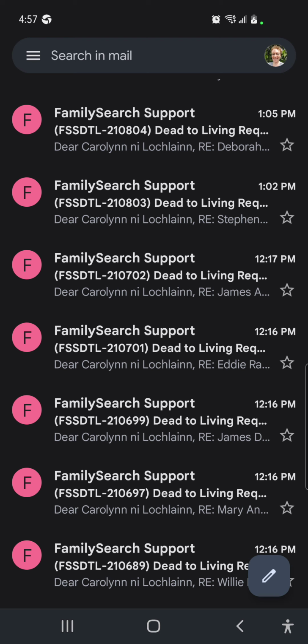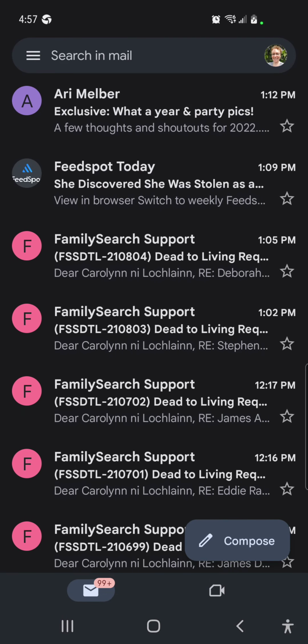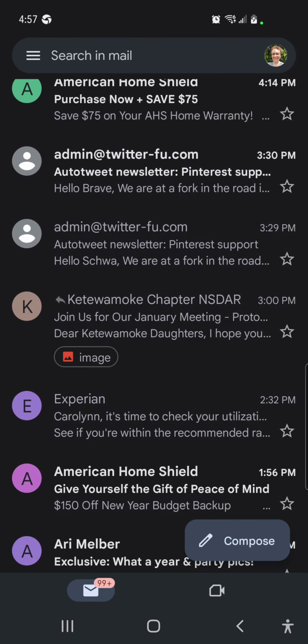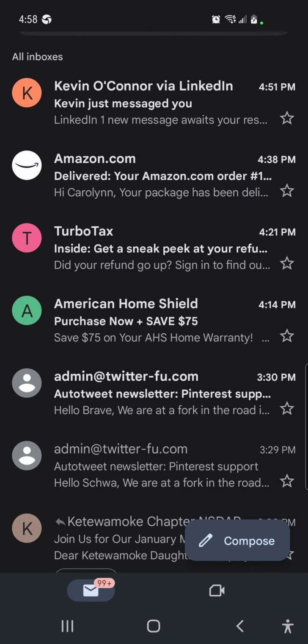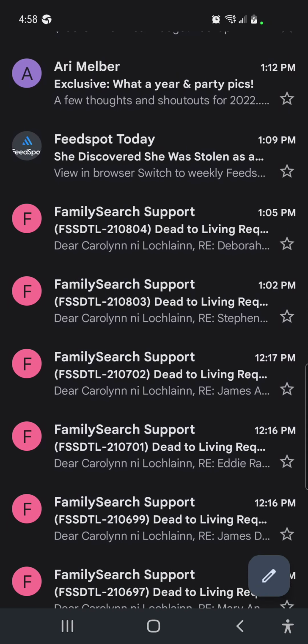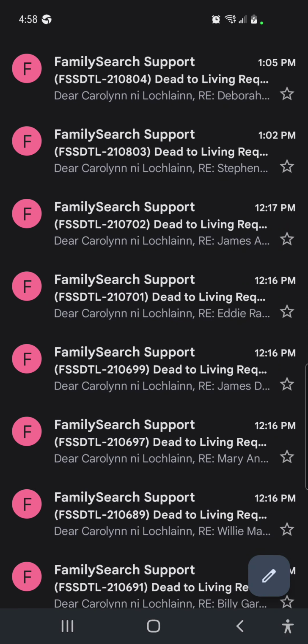This is my inbox that I'm looking at today. This is today's emails, and there have been more since later today. I think I went ahead and deleted them, though. So now, this is what we've got. This is how many people I have marked living who are not deceased and who FamilySearch addressed within a matter of weeks and sometimes days.